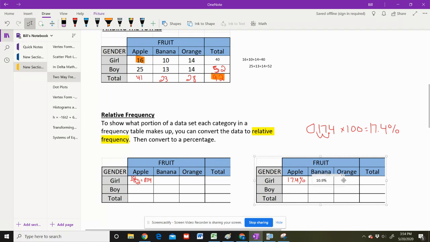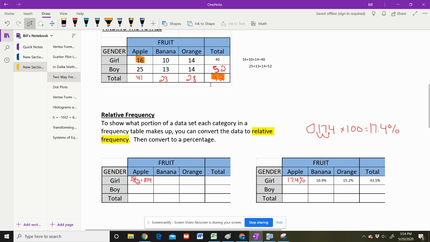This one, I end up with 15.2%. And then this last one over here, I'm going to end up with 43.5%.